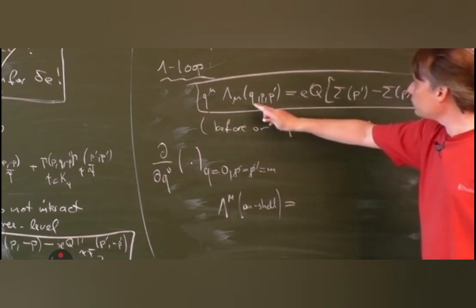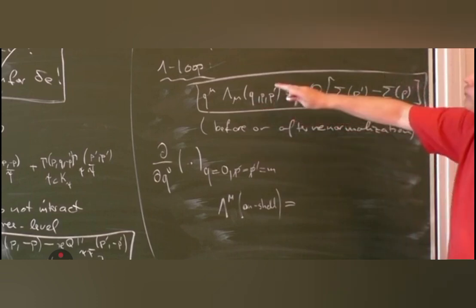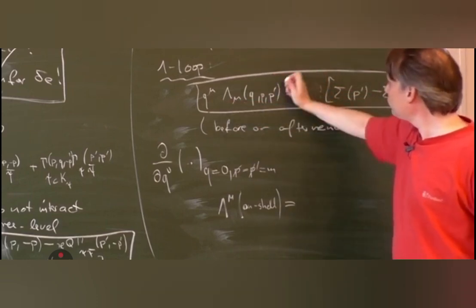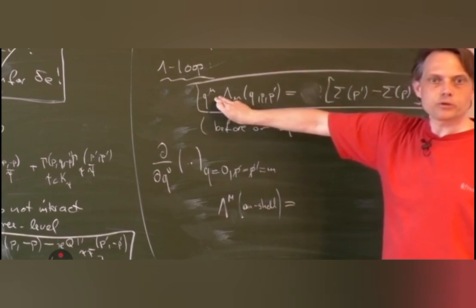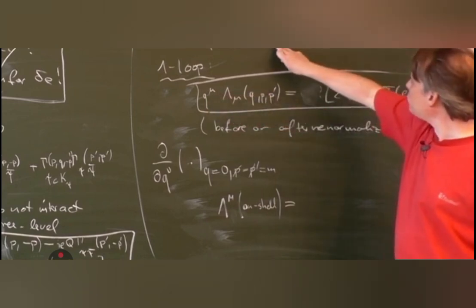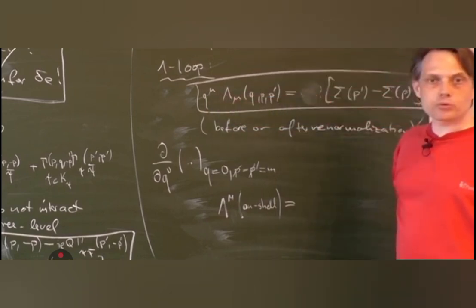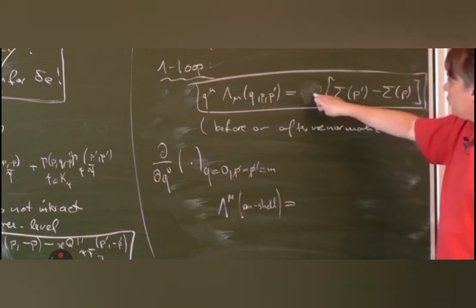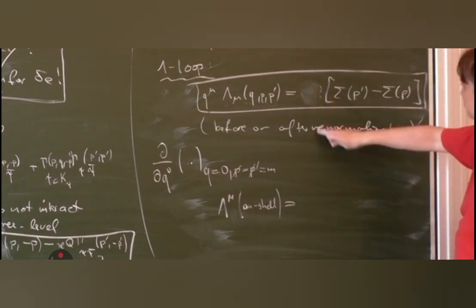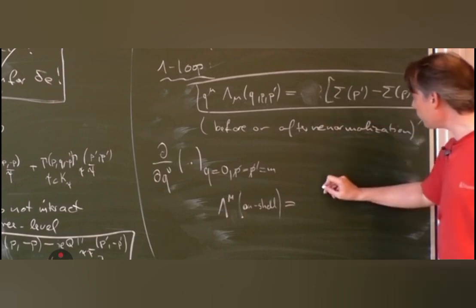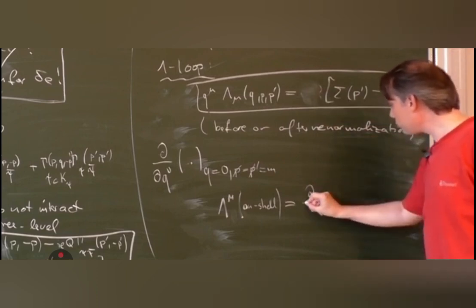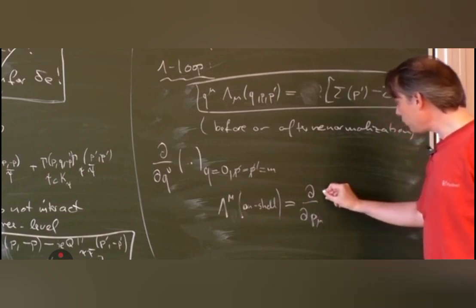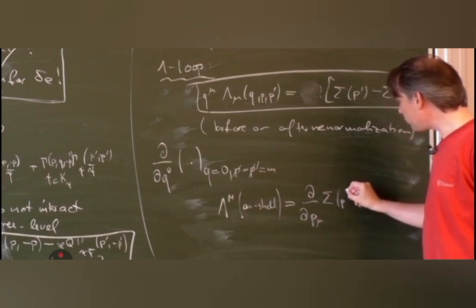By the way, sorry about that. The e times q was factored out of the lambda. Therefore, in this equation, the e times q cancels. And then we get here simply that this is equal to the derivative with respect to p_mu of sigma of p.